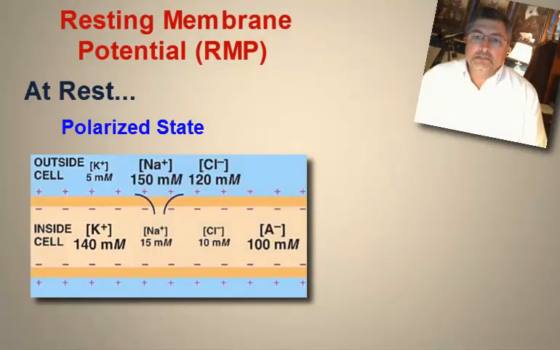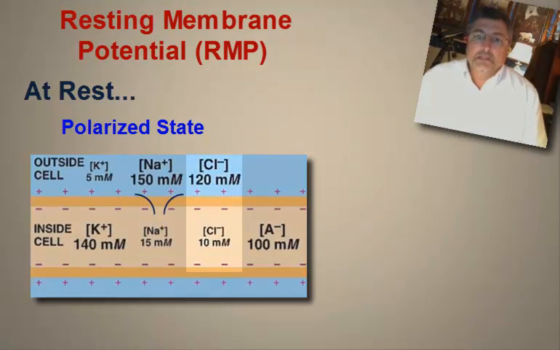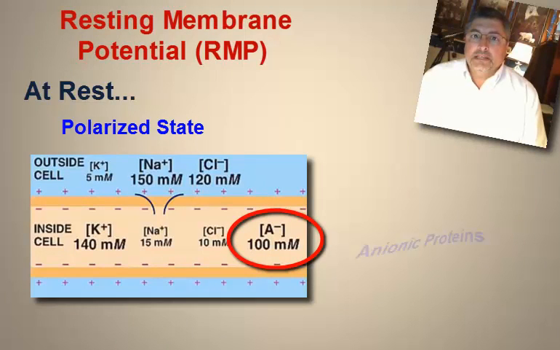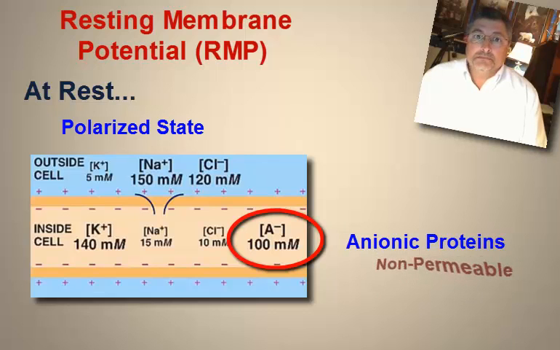Other ions that you can see here are chloride. There's a very high concentration of chloride on the outside, a very low concentration of chloride on the inside. And then there's that A negative over there. That A negative is an anionic protein that is non-permeable, period, and it's only going to be found on the cytoplasmic side.